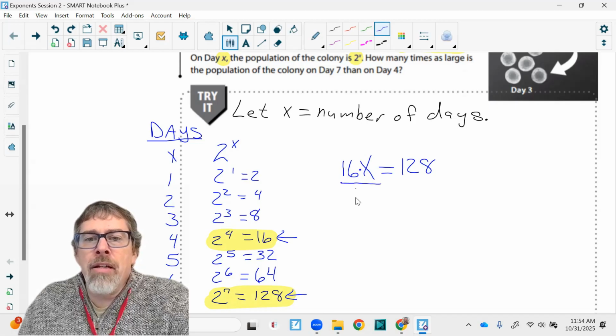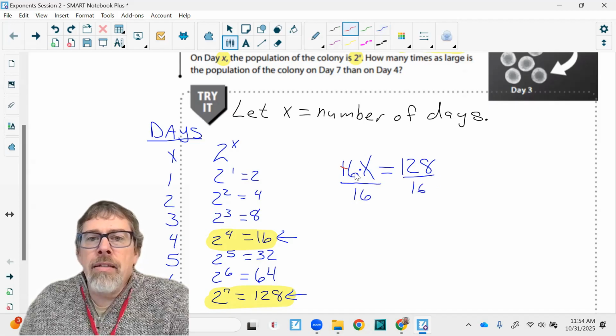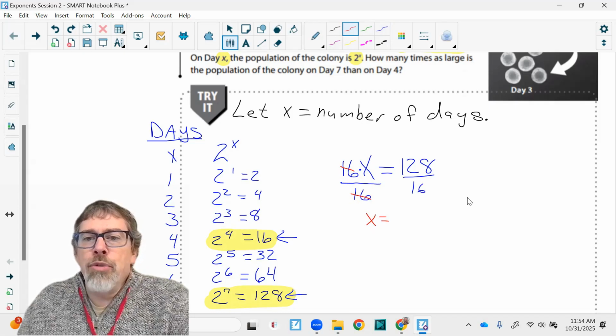So to get x by itself, if I divide both sides by 16, then the 16s cancel here, leaving me with x. And then if I do this, 128 divided by 16, 16 won't go into 12, but 16 will go into 128.